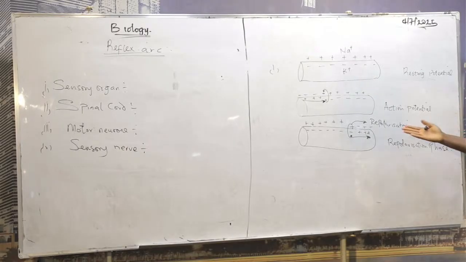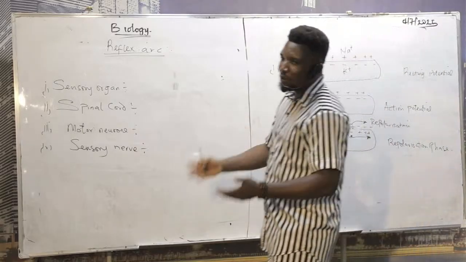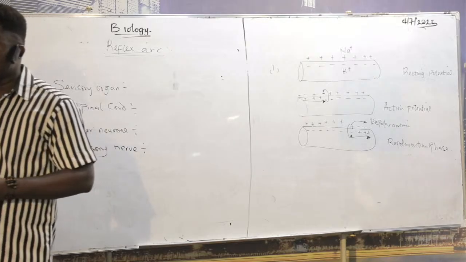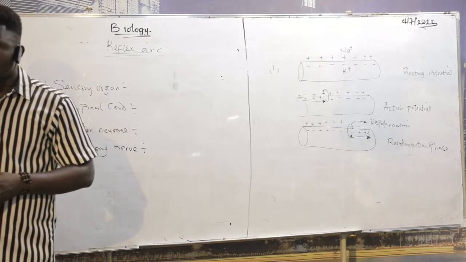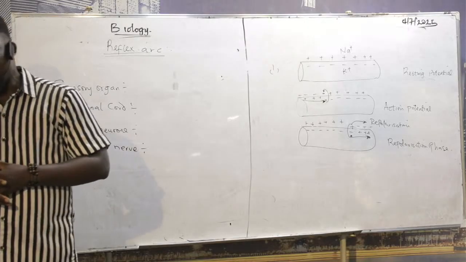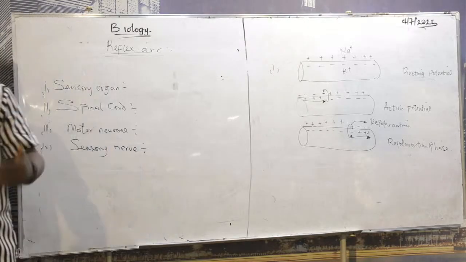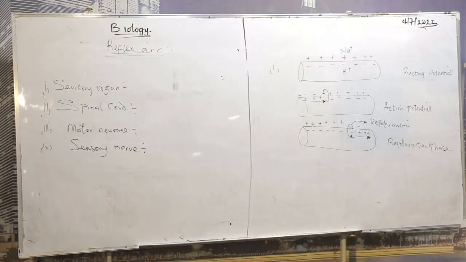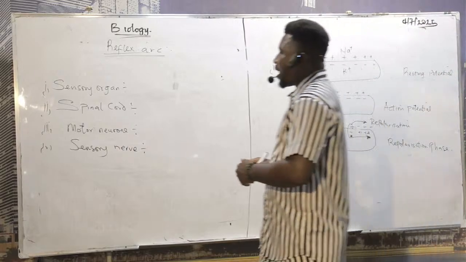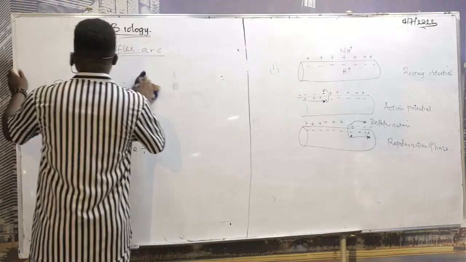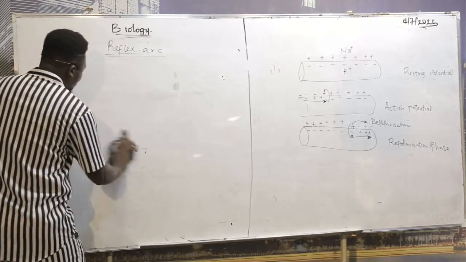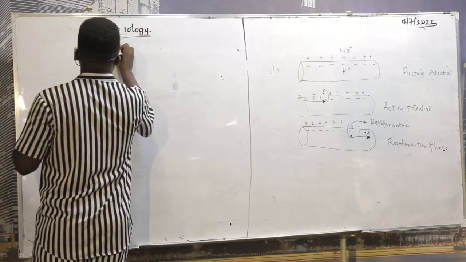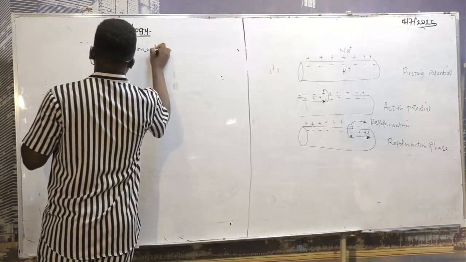No need of talking about voluntary action again, but I will explain. Voluntary actions are those actions that you do at will. But do you know that most voluntary actions are called conditioned reflex?